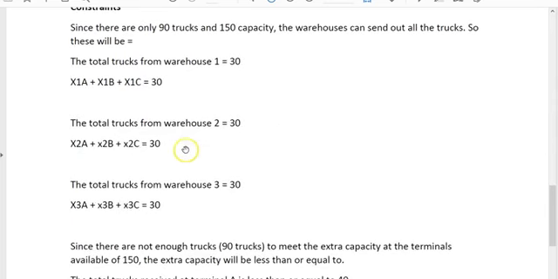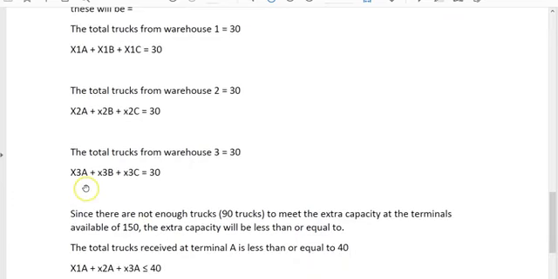The same thing for warehouse 2. 2 to A, 2 to B, and 2 to C will all add up to the 30 trucks there. And warehouse 3 is also going to send out all 30, because there's 90 trucks and they have capacity for 150, so we can send out all 90. We're going to send out all 30 that are at 3: 3A, 3 to B, and 3 to C.